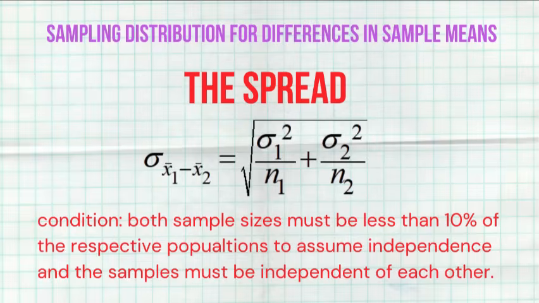It's a giant square root, and in that square root, we have the standard deviation from population 1 squared divided by the sample size for population 1 plus the standard deviation of population 2 squared divided by the sample size that we took from population 2. And once again, to use this formula, we need our samples to be independent of each other, which means we need both sample sizes to be under 10% of the population so that we can assume independence.